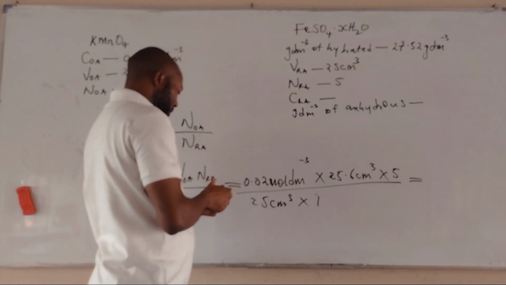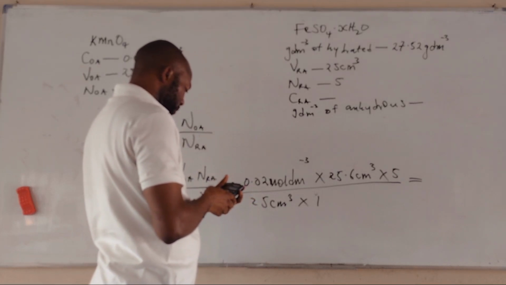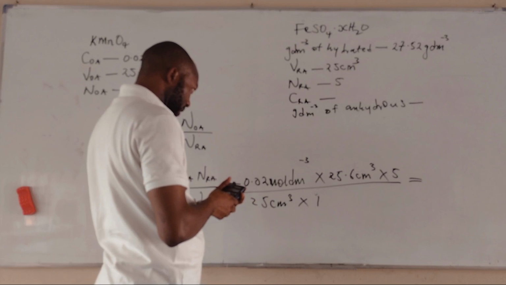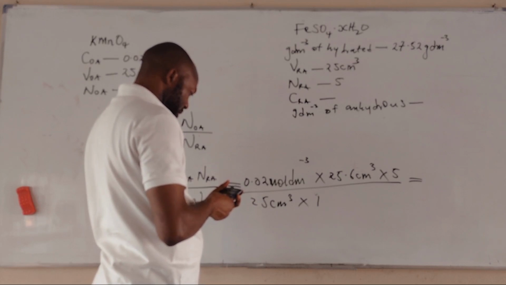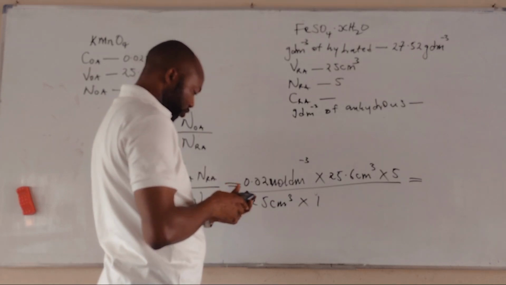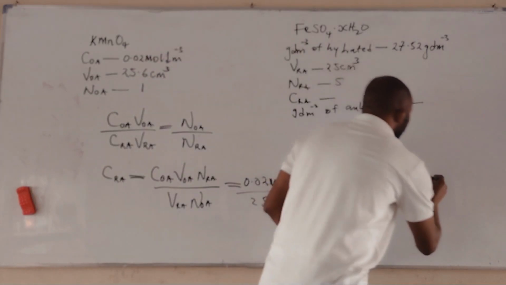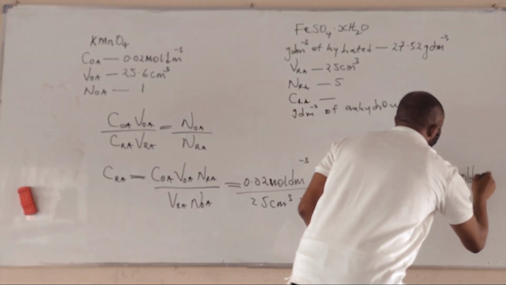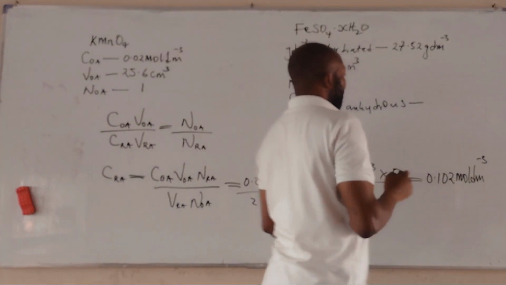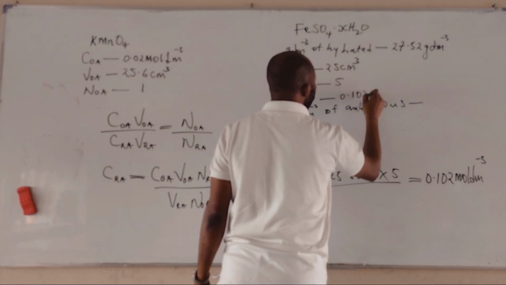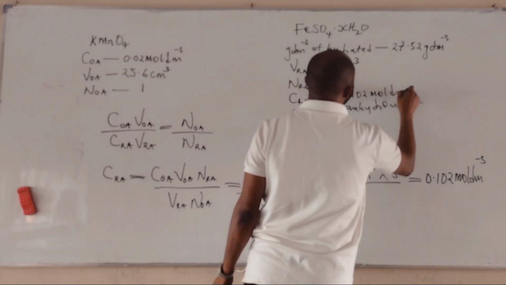Let's use our calculator: 0.02 times 25.6 times 5, divided by 25. We have 0.102 mole per dm cube. So the concentration of reducing agent is 0.102 mole per dm cube.